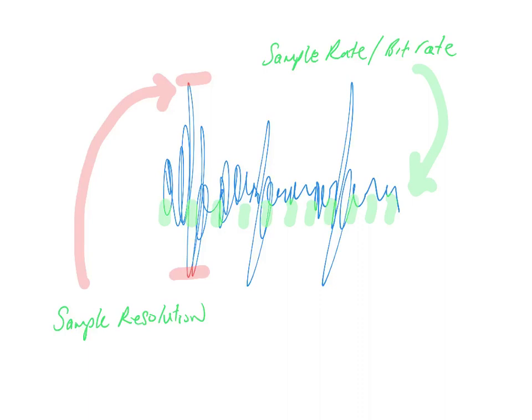So if you had a sample resolution of 8 bits, for example, you would be able to record the height of that wave in 8 zeros and ones.